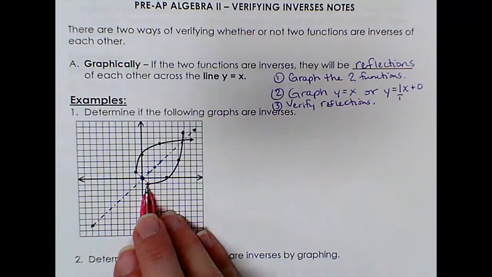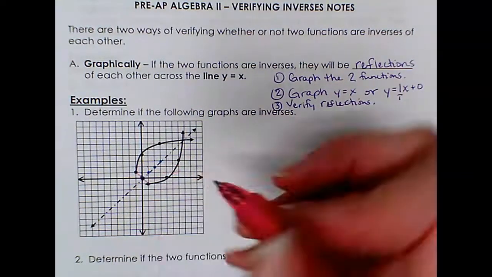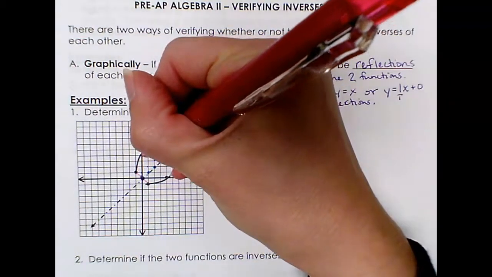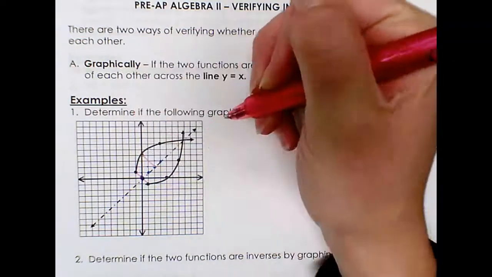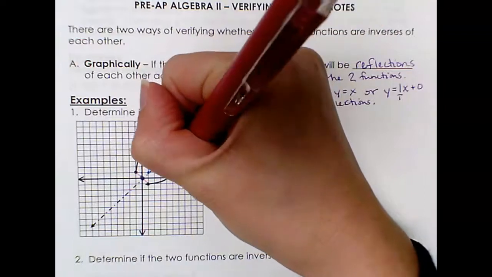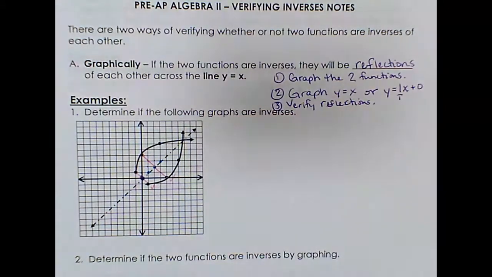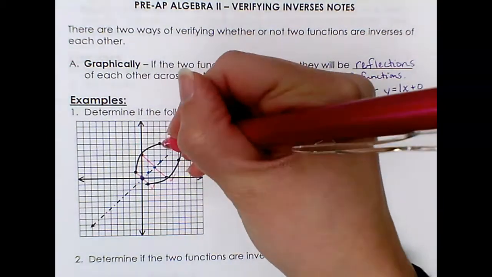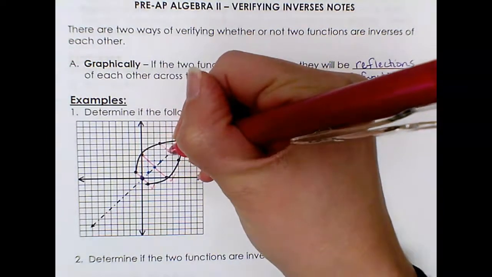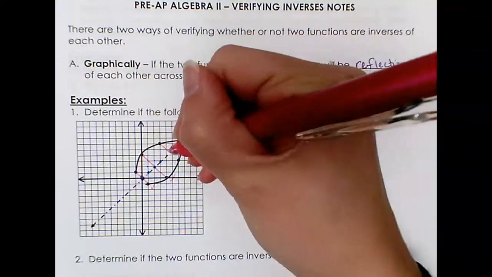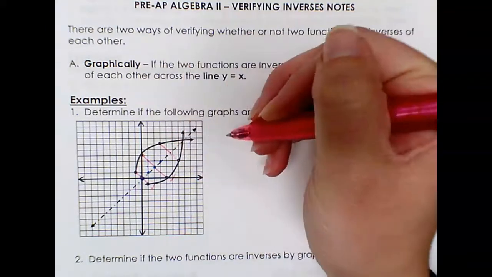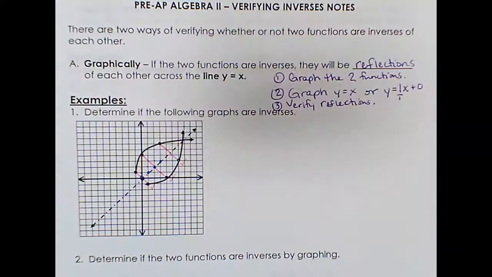This is looking good. I'm going to do the same thing with this point: I count 1, 2 diagonals, and past the line 1, 2 diagonals. Both of these are good. I'll do the same thing with this point: I count 1.5 diagonals, and then 1/2 and 1 diagonal. So this point is also good.